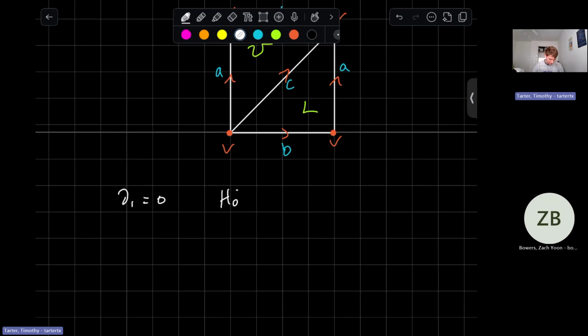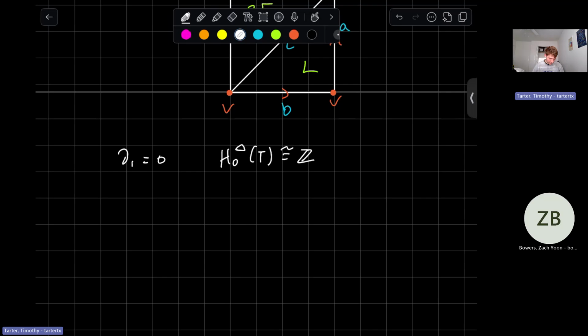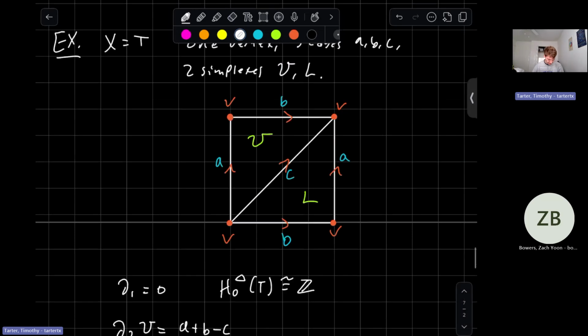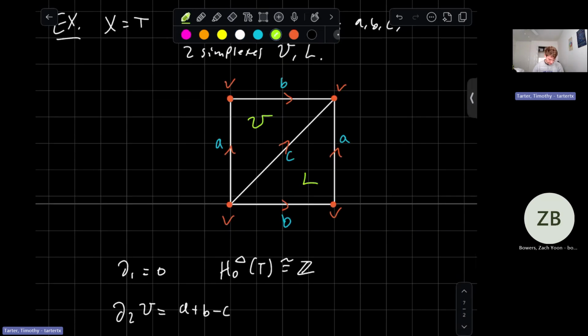So the 0th simplicial homology group of the torus is just Z. Then partial 2 of U, we had said was going to be something like A plus B minus C. Or, oops, B plus A minus C would work.